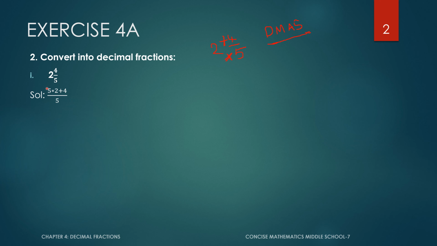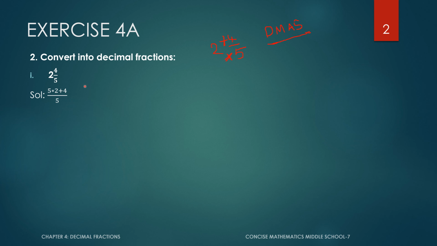So this is the reason you have to multiply 5 2s first, and then only you have to add this, right? Some children will add this 2 plus 4 and then multiply it with 5, which makes it wrong. You should not do that, because always while adding, subtracting, multiplying and dividing numbers, you have to follow this DMAS.